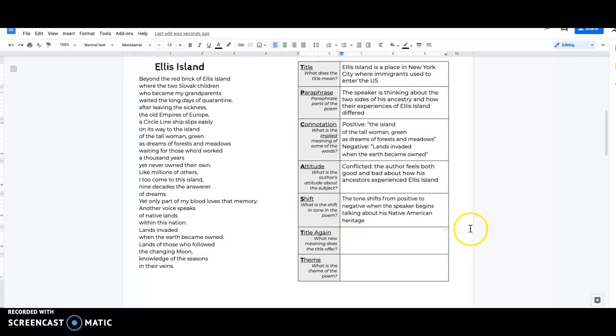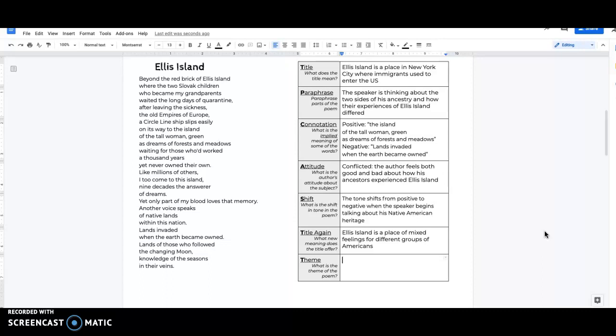So title again, right? If we're looking back at Ellis Island a second time, it might be, Ellis Island is a place of mixed feelings for different groups of Americans. And then theme, you might say something like, okay, so what's the purpose of this poem in general?